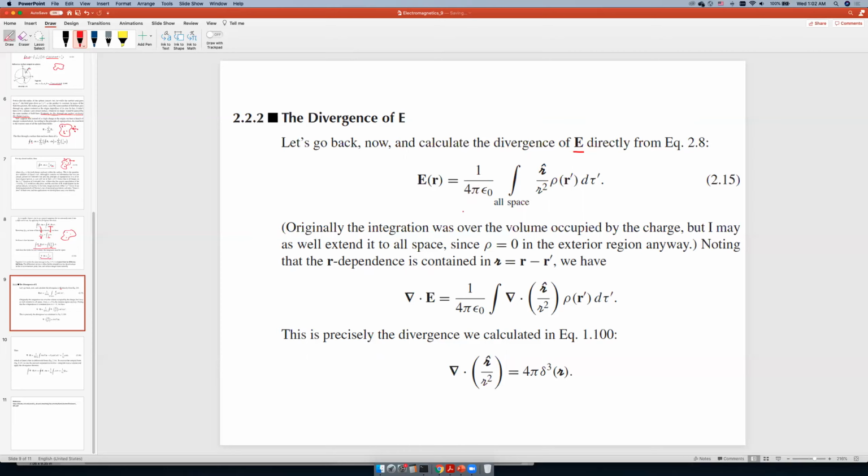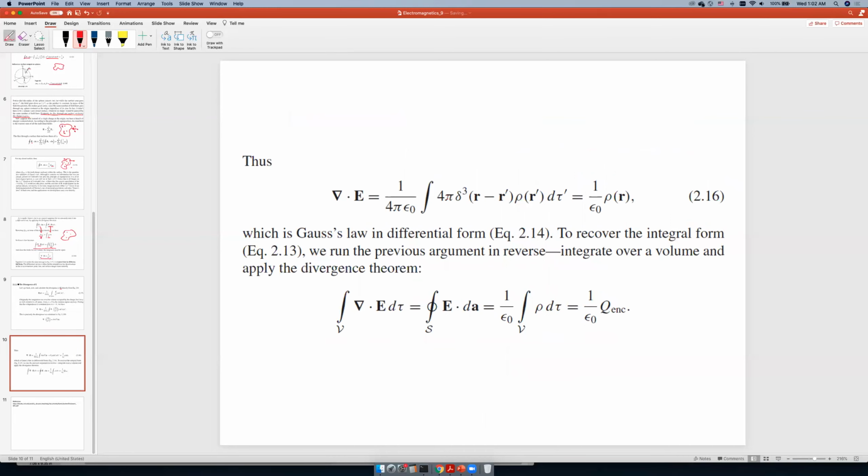You will finally prove that, again, the integral of del dot E dt, the volume integral, equals the surface integral of flux and equals Q enclosed over epsilon 0. So that means even if you use just the mathematics method, you still get the same conclusion. Flux equals Q over epsilon 0.